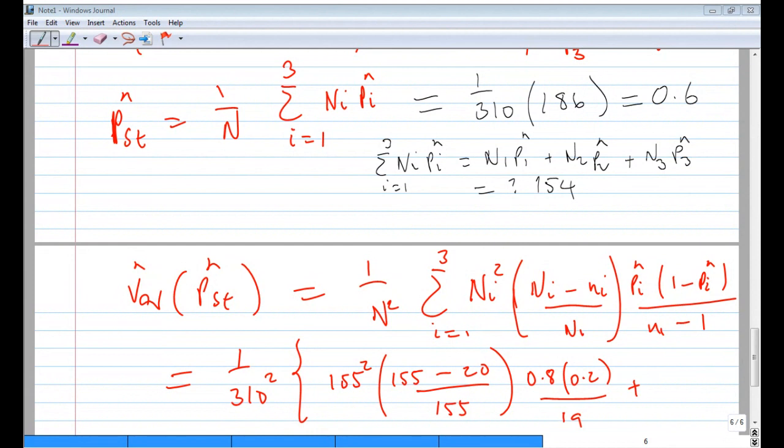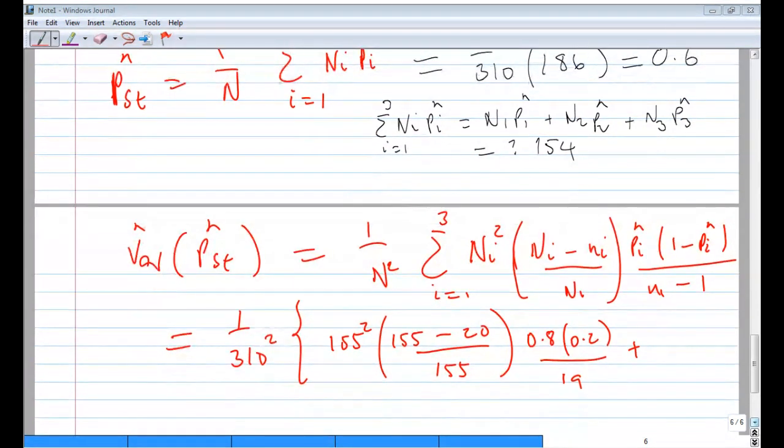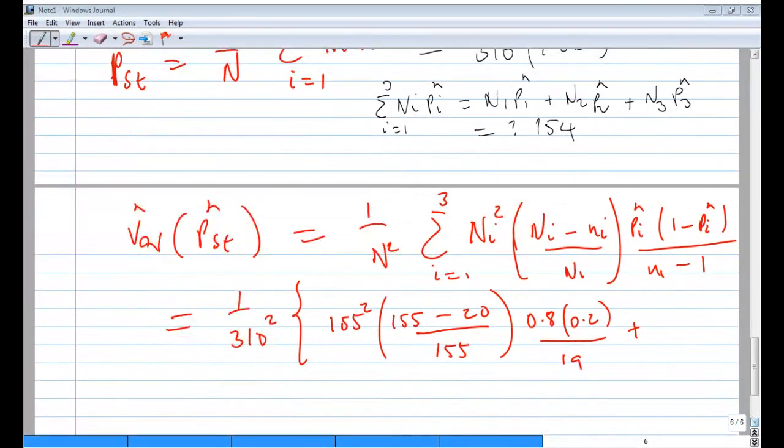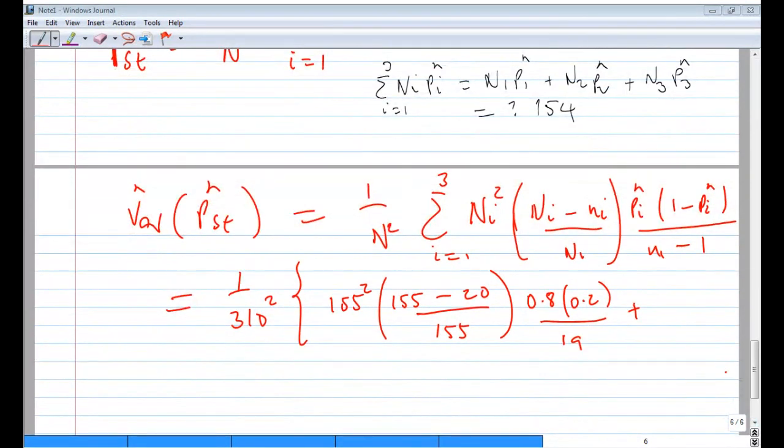so you go to the second stratum. The population size for the second stratum is 62. Because I don't have space here, let me just write it below. It's 62 squared. Then 62 minus the sample size for stratum number 2, which is 8. Then divide by 62, then you close the brackets.